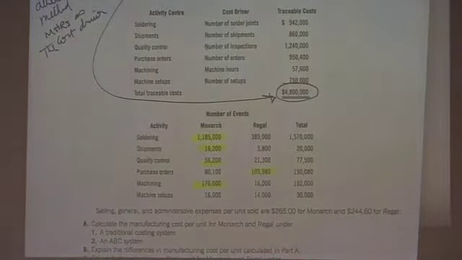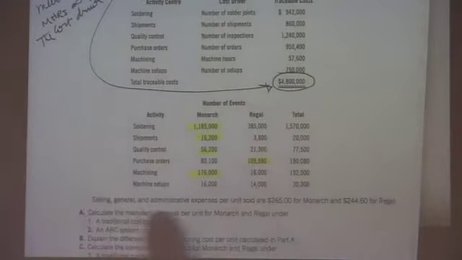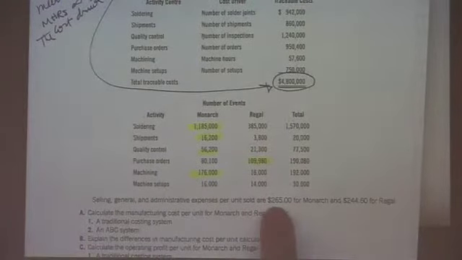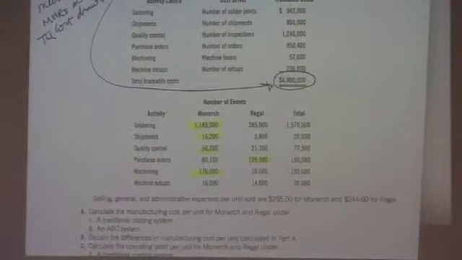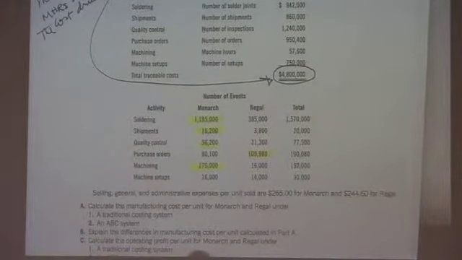So that's the positive part about ABC: it allows us to rationalize the cost and investigate where there are opportunities. Now, it says selling and admin are $265 per unit for Monarch and $244 for Regal.